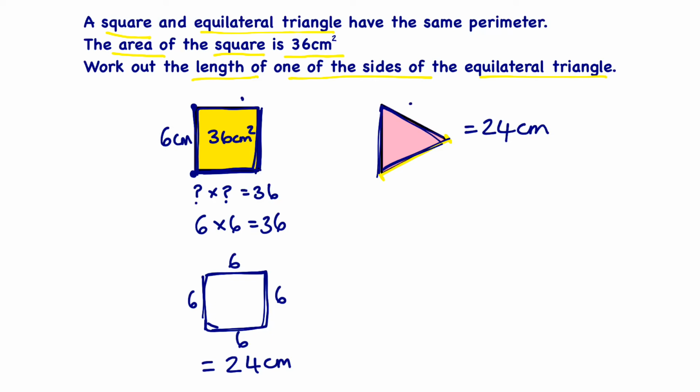So if the perimeter is 24, to work out one of the sides, I just need to do 24 divided by 3, and 24 divided by 3 is 8. So one of the sides of this equilateral triangle is 8, and that was my question: work out the length of one of the sides. So my final answer is 8 centimetres.